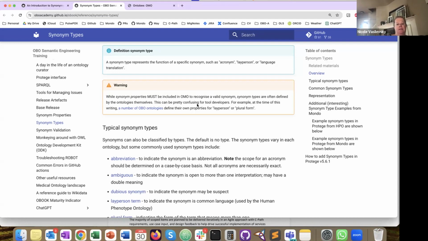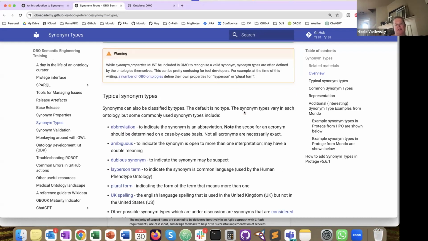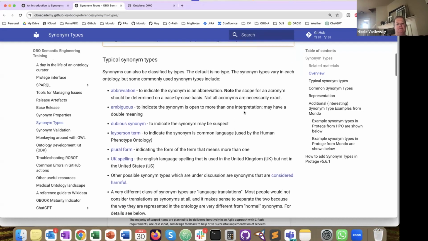The types are defined by the ontologies themselves, so this can be confusing for tool developers. For example, at the time of this writing, there are a number of ontologies that define their own properties for layperson and plural form. OMO does specify these as specific OMO terms, but you can also create your own synonym types in your ontology, which can cause some confusion between ontologies.